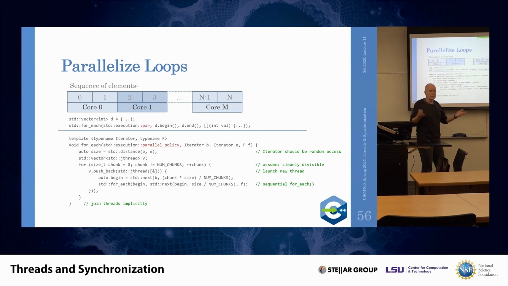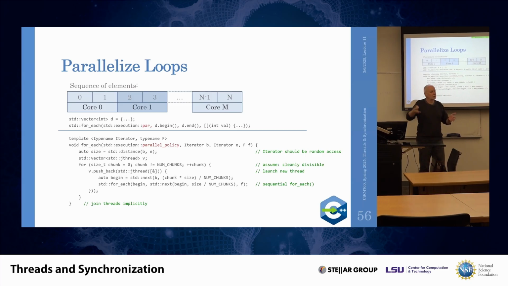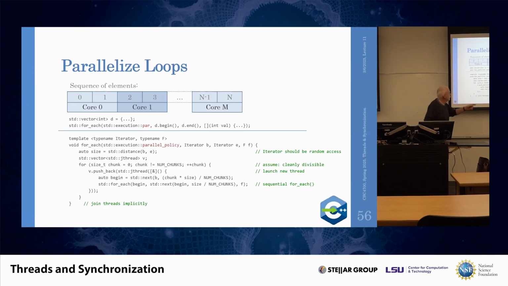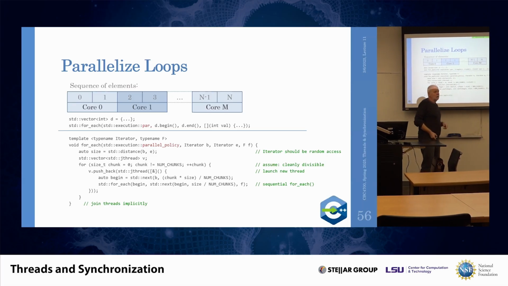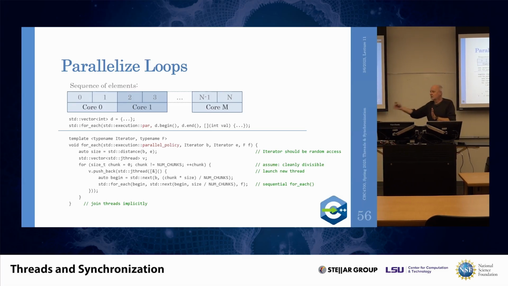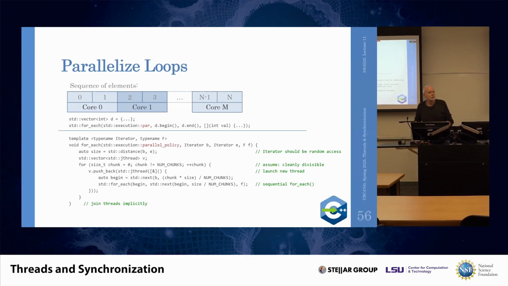The only operation the iterators support is +1. The only thing you can do is increment it by 1. So in order to get the distance between B and E, you have to repeatedly call +1 on B until it hits E in order to know how many elements I need.